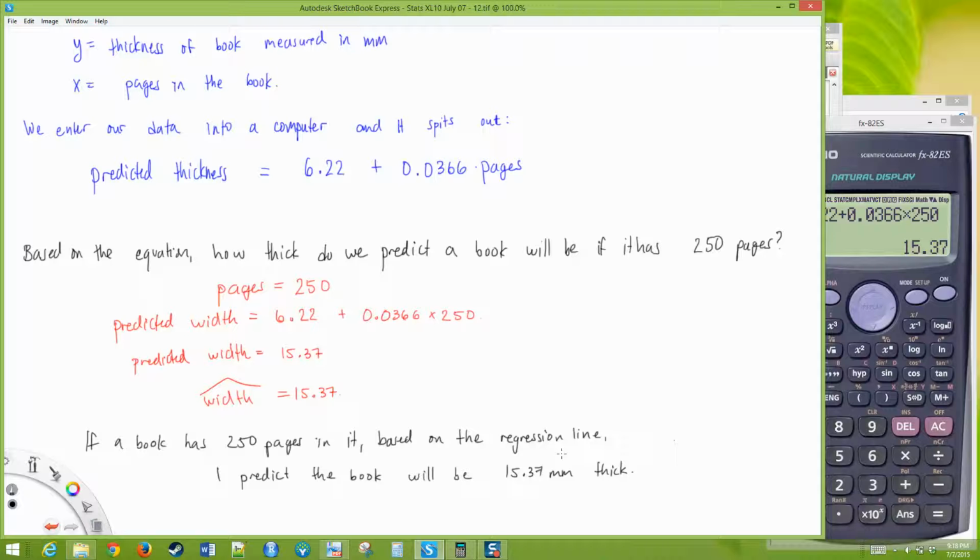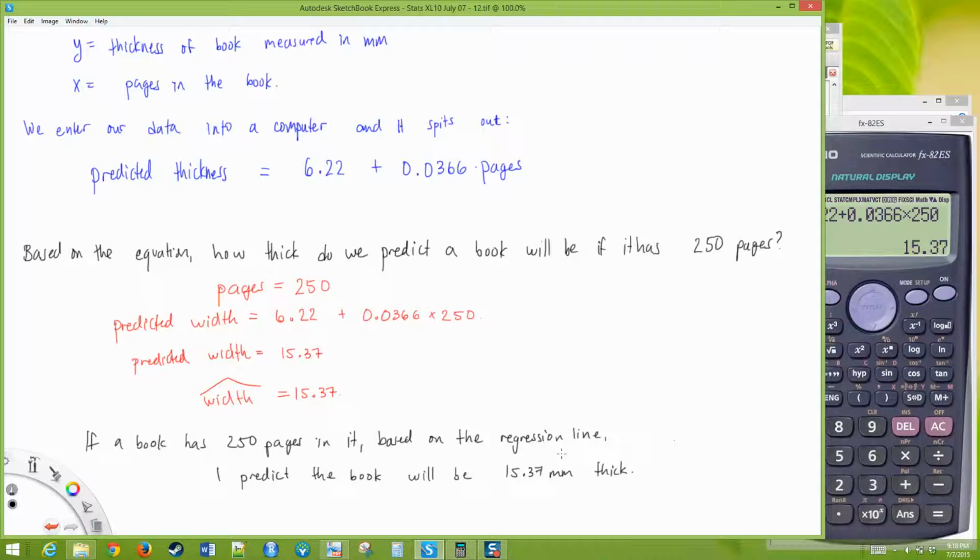Does this mean, say you go to the store and find a book with 250 pages in it? If you take it home and measure how thick it is, how thick is it going to be? 15 millimeters. So it may or may not be 15.37 millimeters.